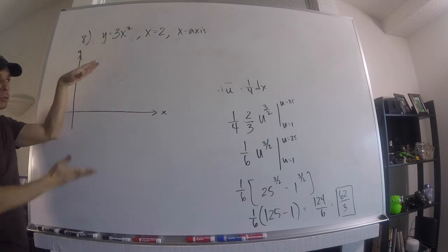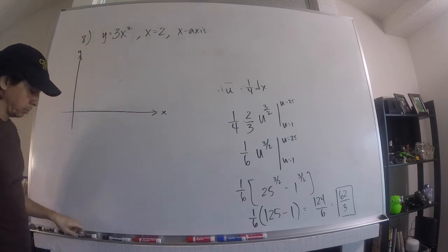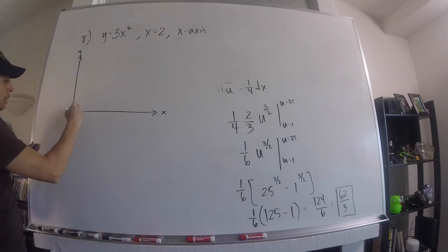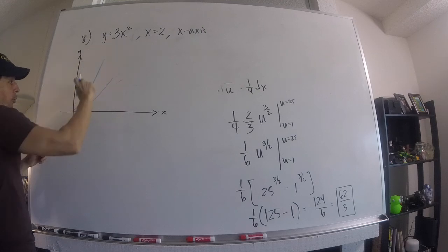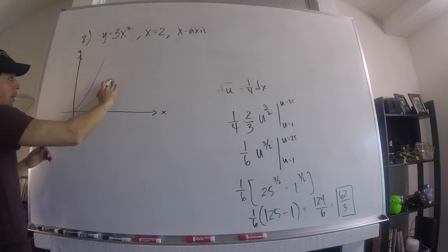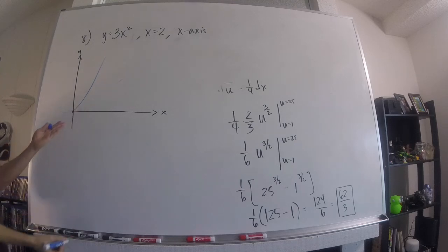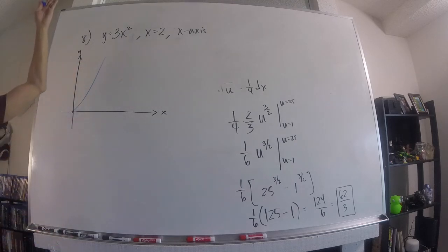That 3 just stretches it vertically, so it'll still go through the origin. So if x squared looks like that, then 3x squared will just be 3 times as high, you're just stretching it by 3. It doesn't really matter. The main thing is you know that it's still going through the origin. It's still going to be 0, 0, and it's just some sort of curve going up. That's all the details you need.